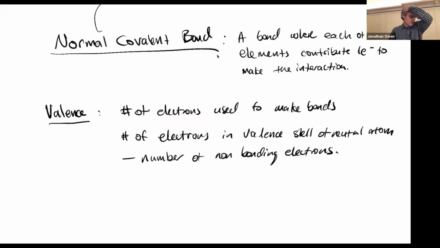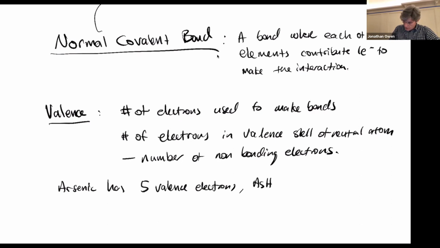So arsenic has 5 valence electrons, and AsH3 has 1 lone pair, which is 2 electrons.